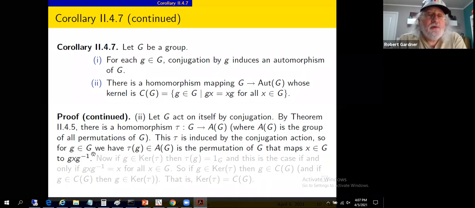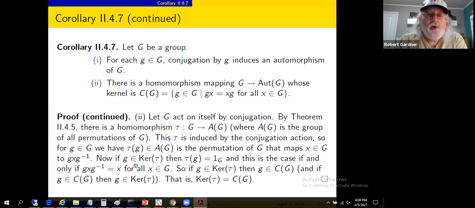So for lowercase g in group G, tau of g is an element of capital A of G. In other words, tau of g is a permutation of G. And that permutation maps x in group G to gxg inverse, because the group action is conjugation and the homomorphism tau is related to the group action.